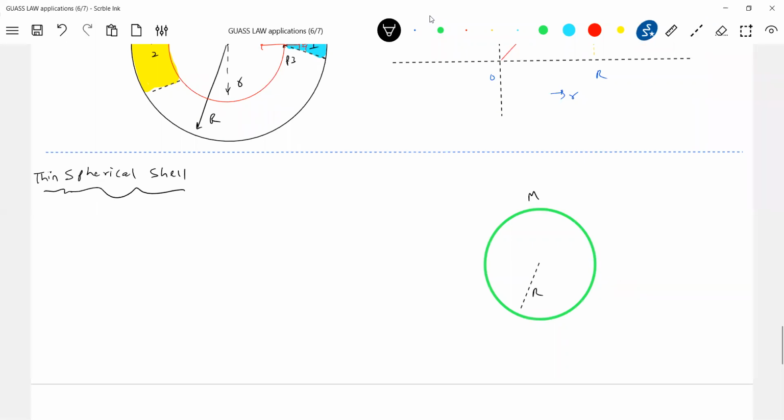For your understanding, I'll write air inside. Let it be made up of iron or rubber, anything you can take. Usually we discuss the rigid one, so let it be iron. Able to understand now what we mean by thin spherical shell or hollow sphere? Both are the same. Now what is the field strength at this particular point P1, where the point P1 lies outside the shell?